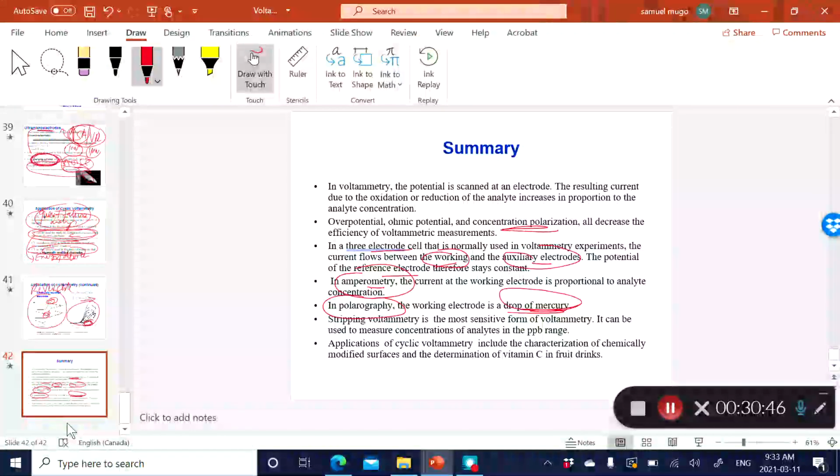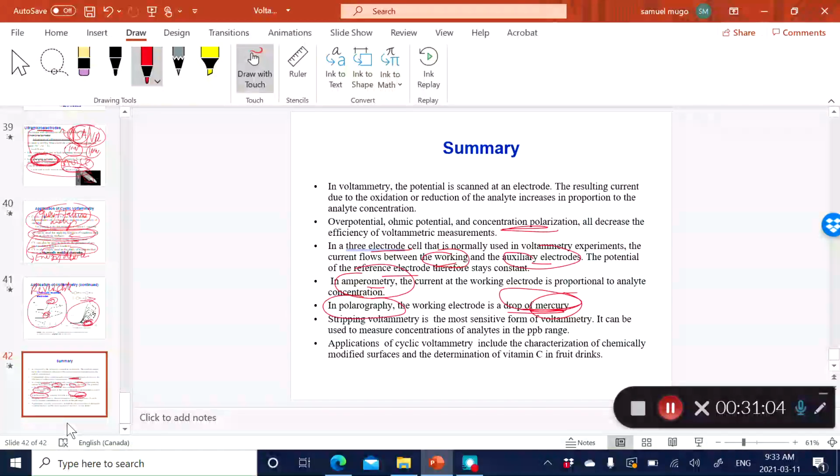It's got a very good reduction potential, meaning it's very clean in the negative voltage range. But in the positive voltage range, again, it tends to be messy because mercury tends to be oxidized as well.